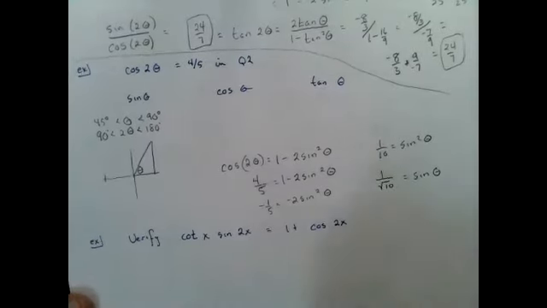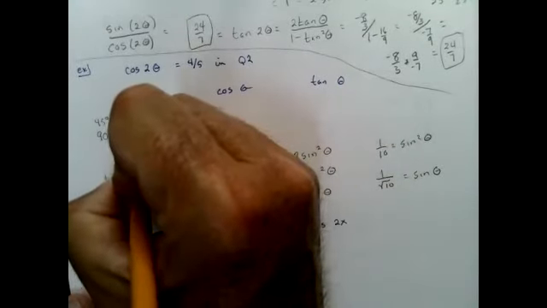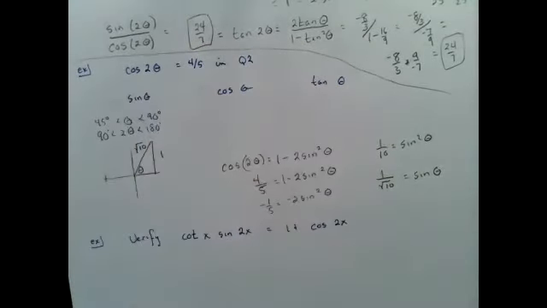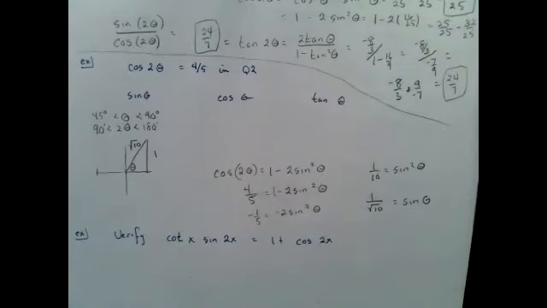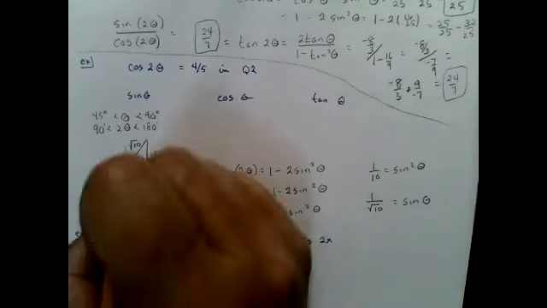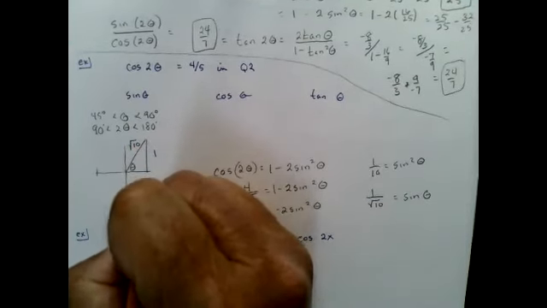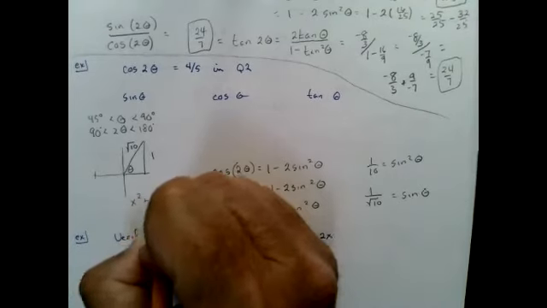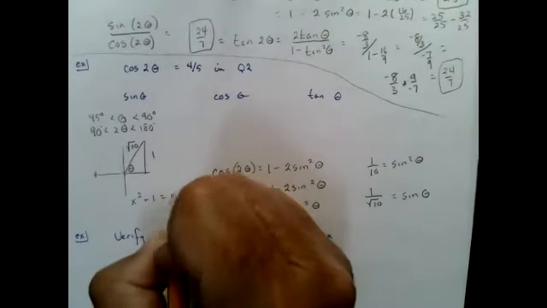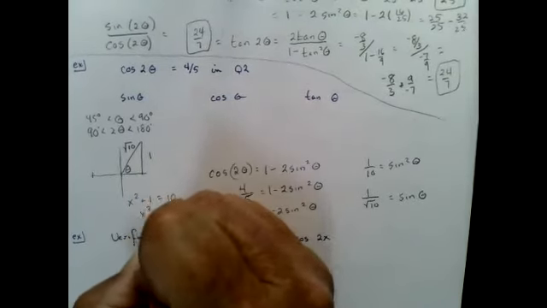Sine is opposite over hypotenuse. I can go back to my triangle and start to fill some of those in. It looks like my adjacent is going to be something squared plus 1 squared equals square root of 10 squared. X squared equals 9.